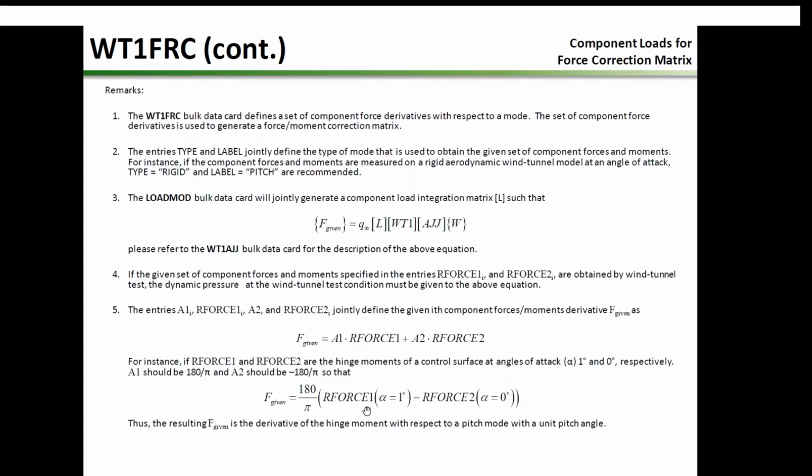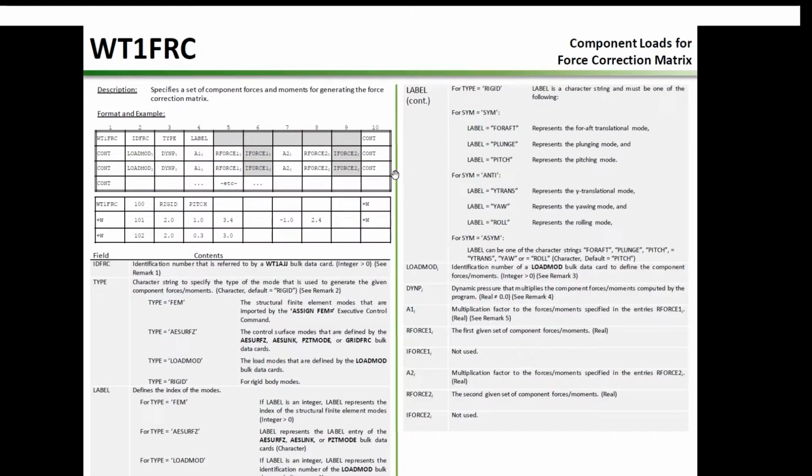You say this is the hinge moment at 1 degree, this is the hinge moment at 2 degrees, and then the A1 should be negative 180 divided by pi in order to convert degrees to radians. Let's look at what this card looks like.